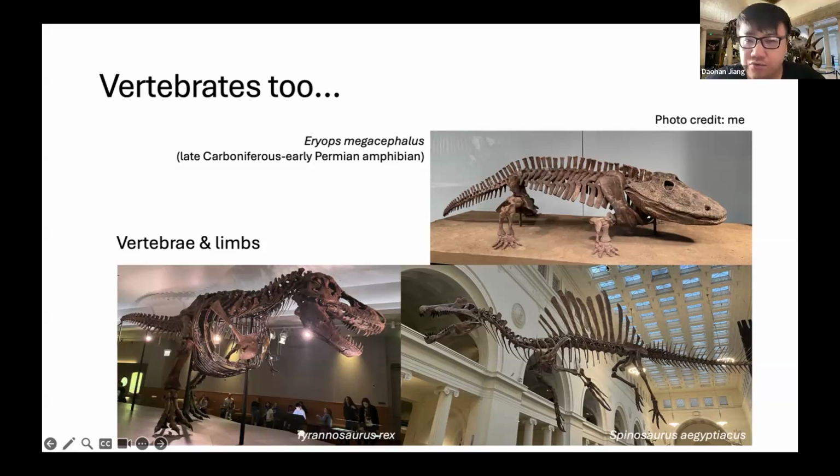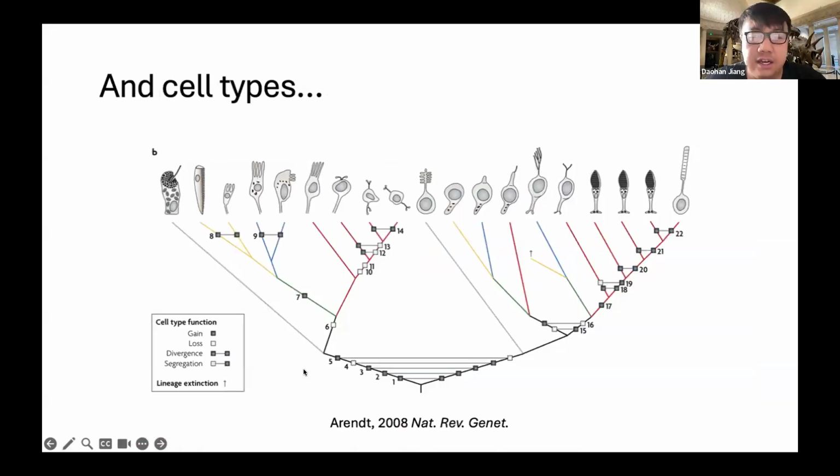They have relatively similar morphology in some species, but in some others, they can be very different in terms of size and digit number. In addition to these complex morphological characters, cell types are also essentially serial homologs. So cells are essentially repeats as well, and these different cells express different genes that produce different phenotypes.